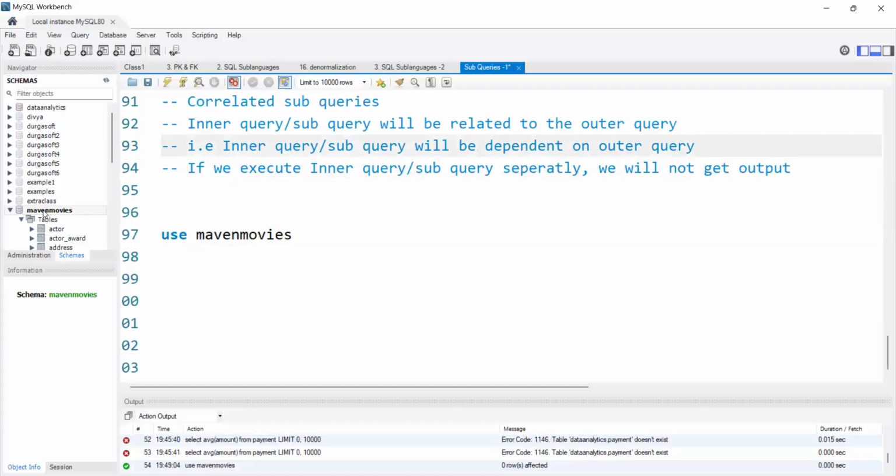Single row and multi row subqueries are okay, but especially for correlated subqueries, I'll give you one example and show how SQL will process that query, so that you can understand how hard it is for the database to execute each and every row that many times, and why we get performance issues.